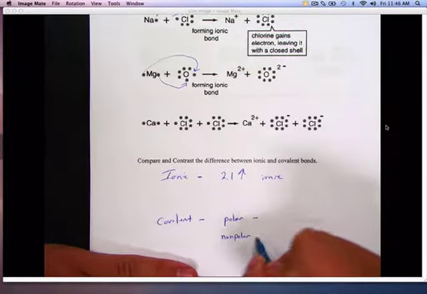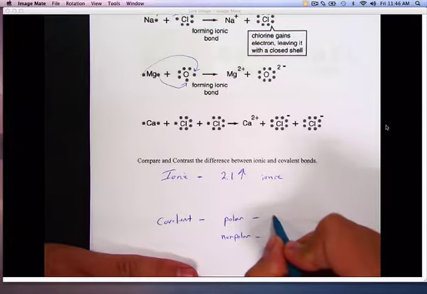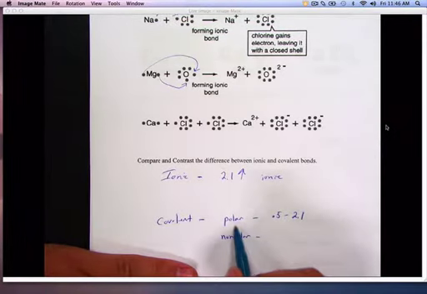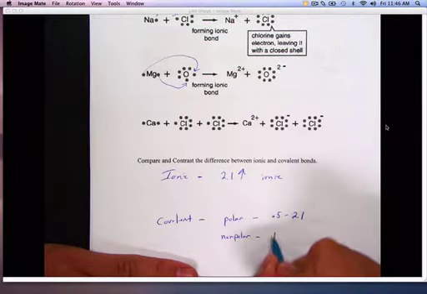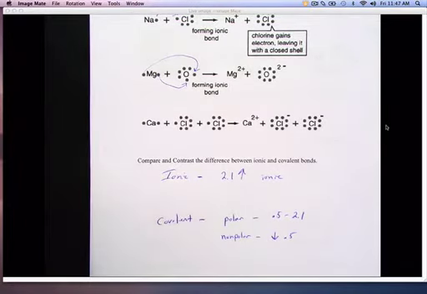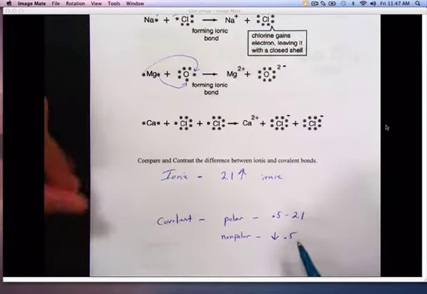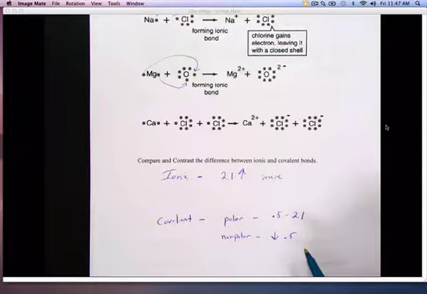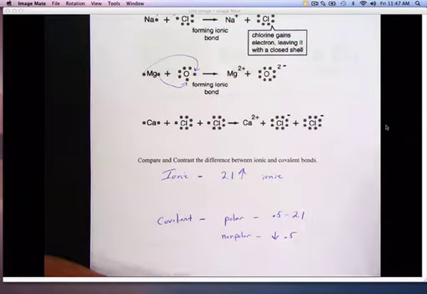When the electronegativity difference is from 0.5 to around 2.1, and it varies a little bit, it's going to be a polar bond. Anything less than 0.5, it's going to be a nonpolar bond. These electronegativity numbers are going to be in your book in chapter 5, so check them out. We'll go more into that later. But the electronegativity will tell you what type of bond is being made.